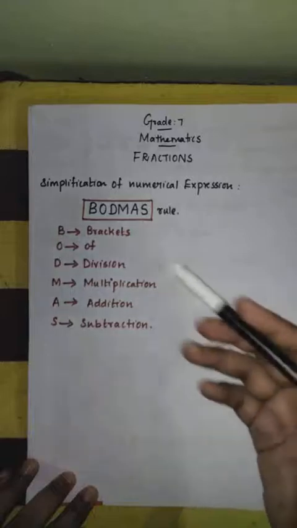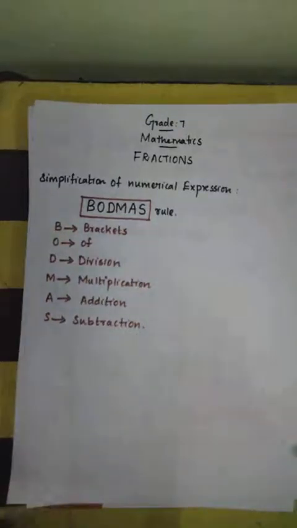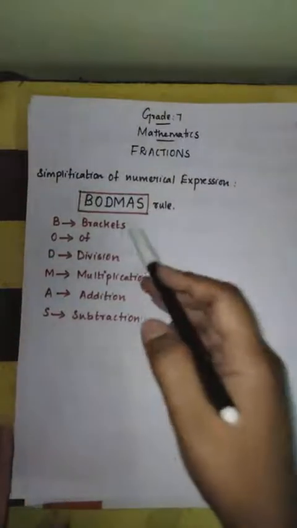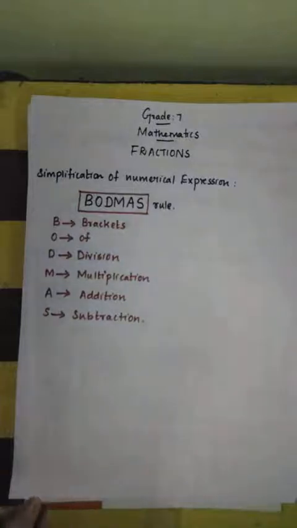We need to follow this order. Bracket means first we need to solve the bracket terms. Inside the bracket we will have some operation, like adding two numbers, multiplying two numbers or dividing two numbers. First we need to solve the bracket, then come to of. If there is the word of between any numbers, first we need to solve the of.